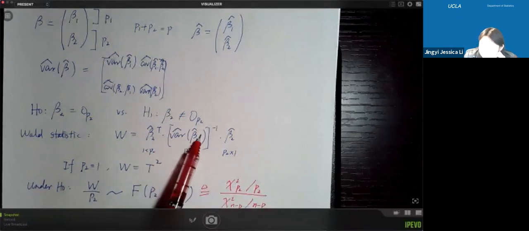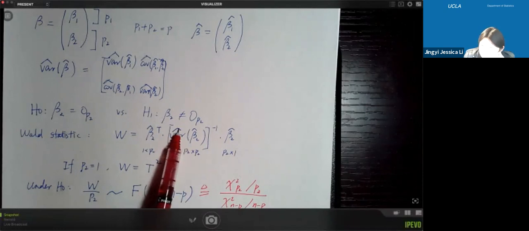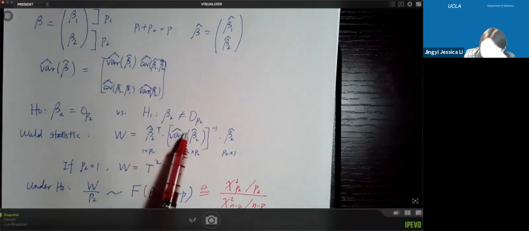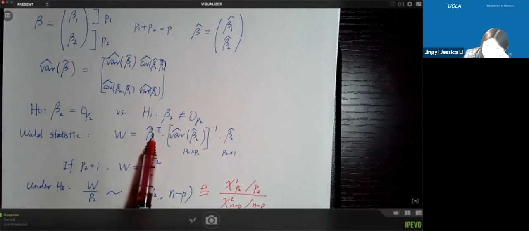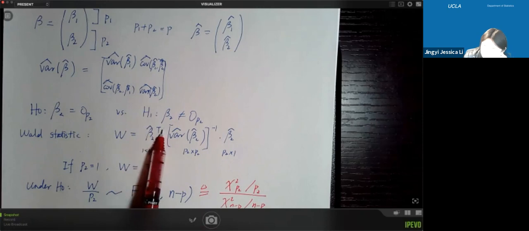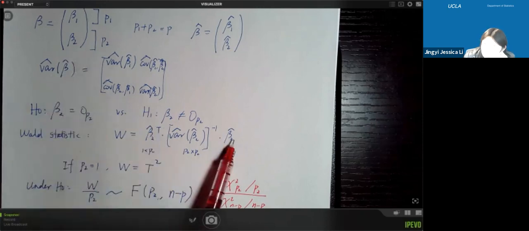In this part, what is unknown, or what is the plug-in estimator, is the sigma square hat, that variance estimator. And we already know that that term itself has n minus p degrees of freedom. In this numerator part, we know beta 2 hat has P2 parameters, so it has P2 degrees of freedom.